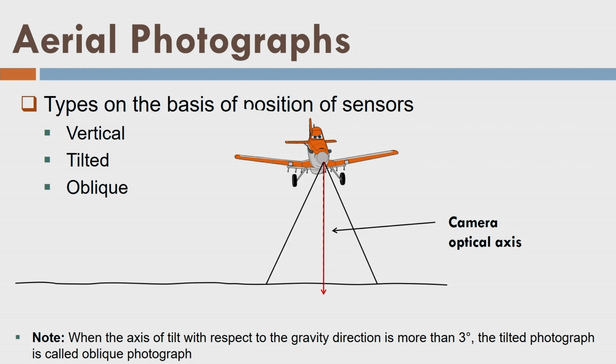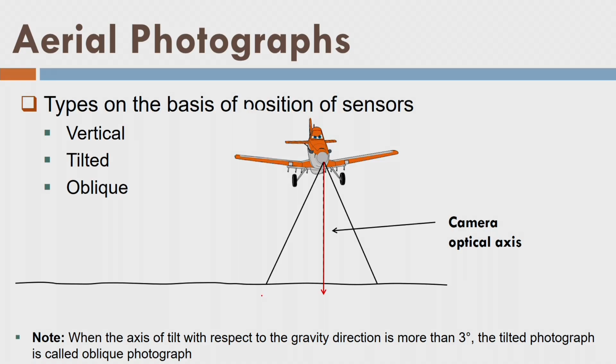Right now, it is a very simple definition to understand. We will try to modify it and look into this deeply in the coming lectures, where we will find there are more criteria to define a vertical photograph. But right now, understand that if the optical axis or the camera axis of a camera is matching the direction of gravity, then it is called a vertical photograph, and this is the coverage of the vertical photograph from here to here.